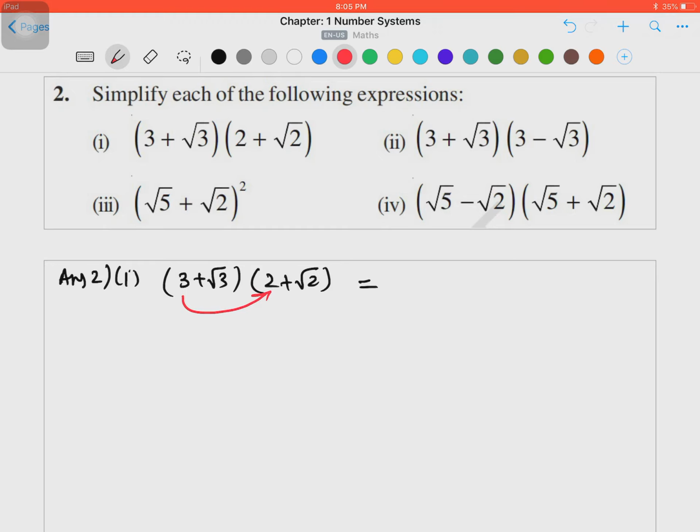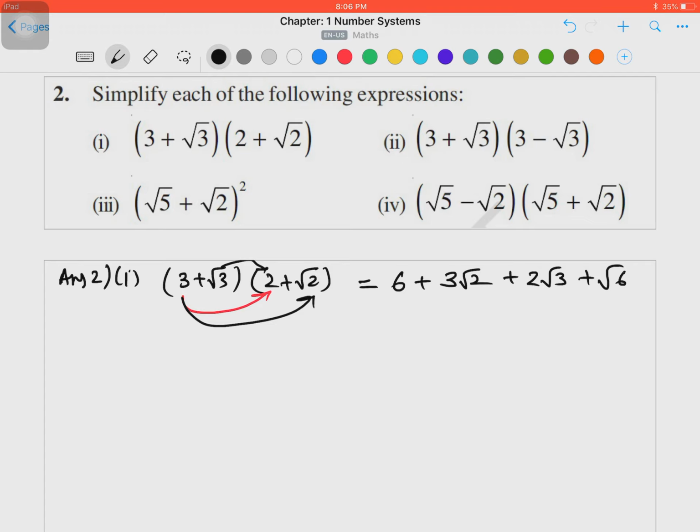So 3 into 2 is 6. Then 3 times root 2, so plus 3 root 2. Then plus 2 root 3, and root 3 into root 2 is root 6. Can we add or subtract these numbers? As the irrational numbers have different values under the root, we cannot add or subtract them. So that will be the final answer.